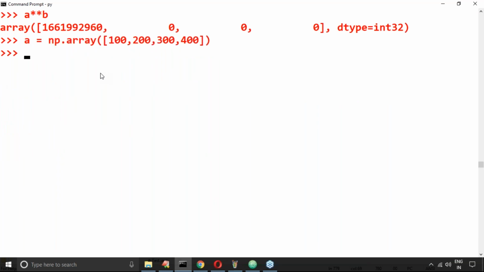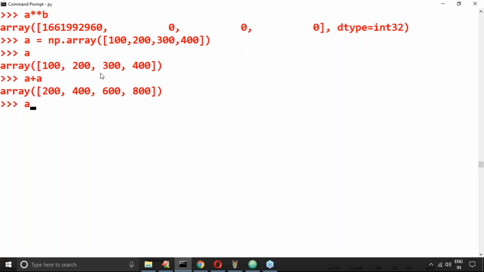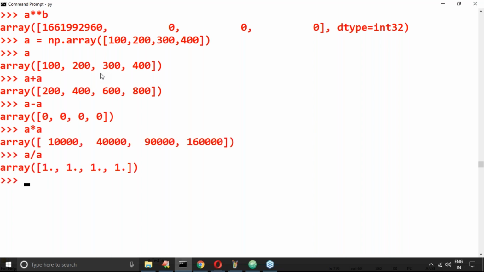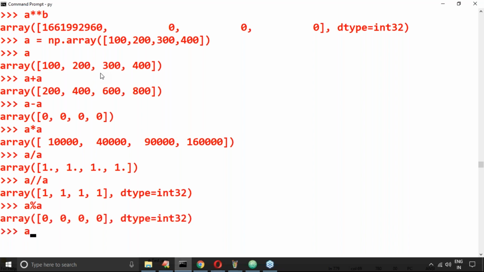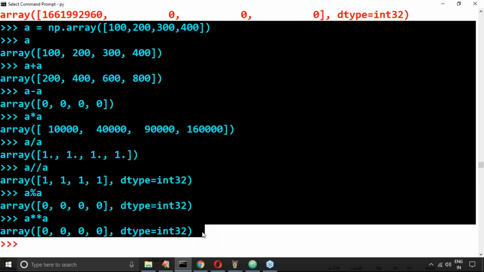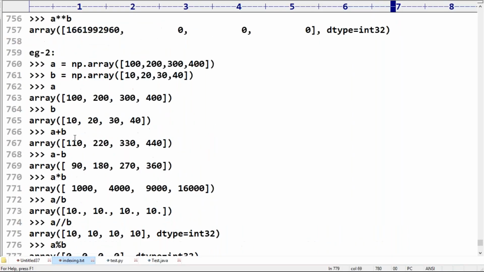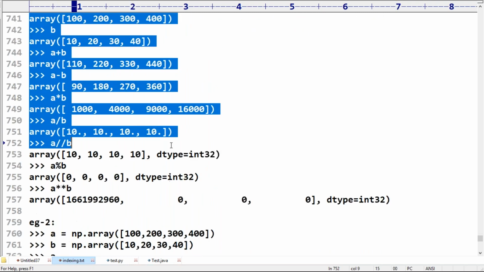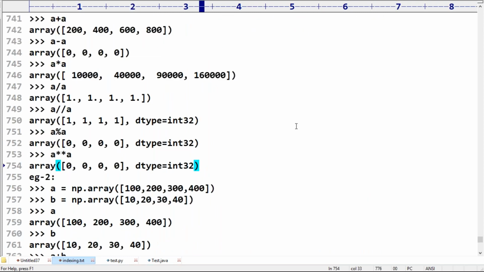Here this is my array A. Now A plus A, A minus A, A into A, A by A, floor division A, A modulo A, A power A. I'm taking A power A, like 100 power 100, 200 power 100. Is any explanation required about these two examples? Can you please confirm?